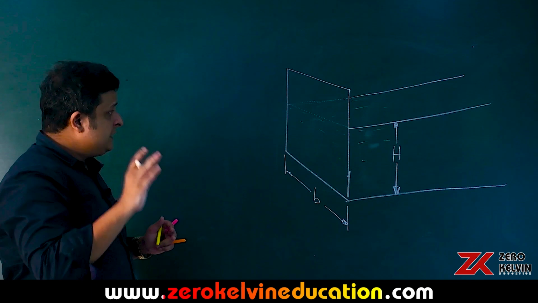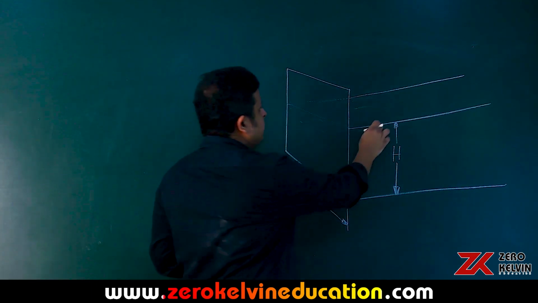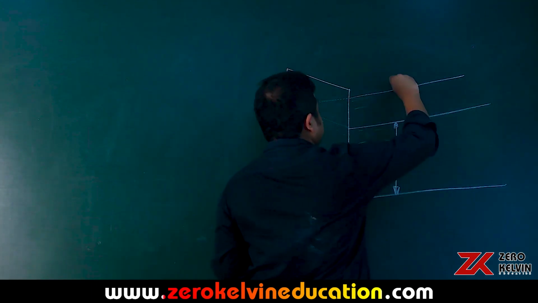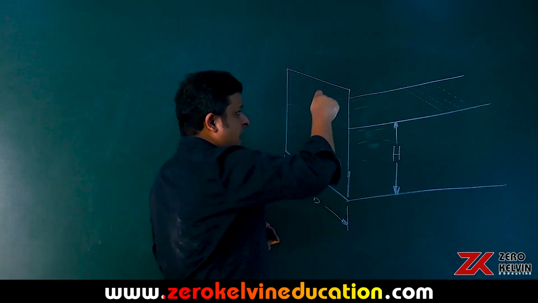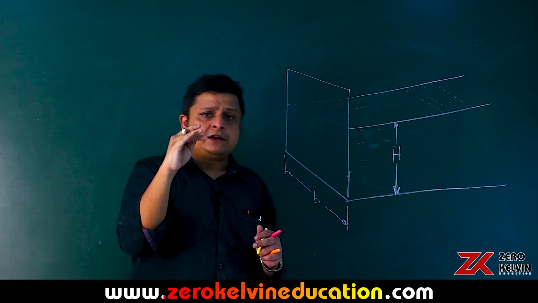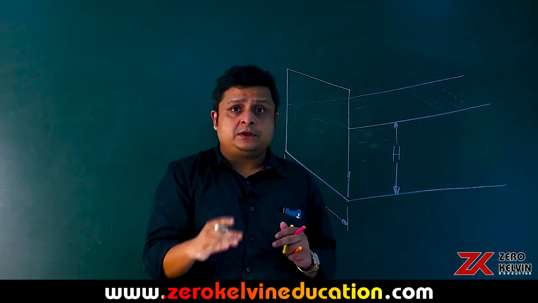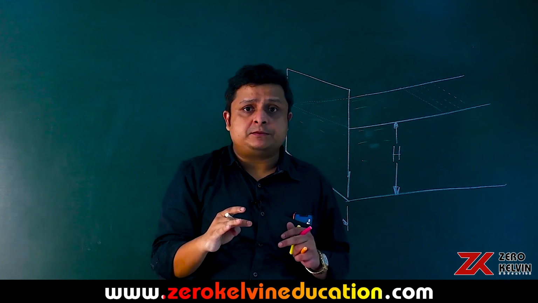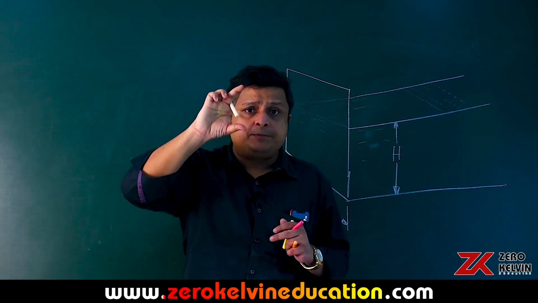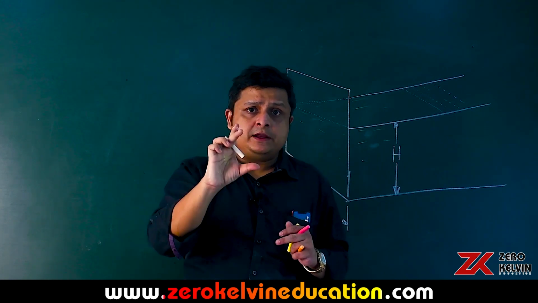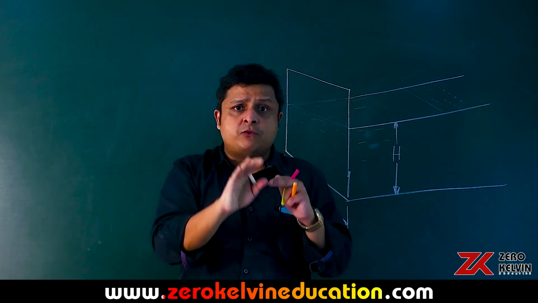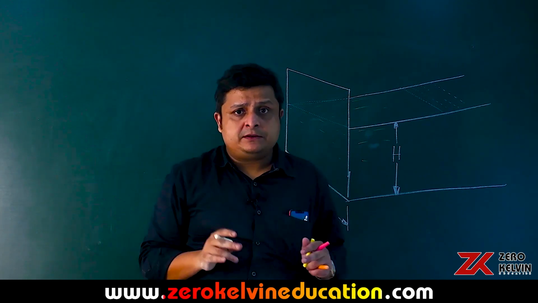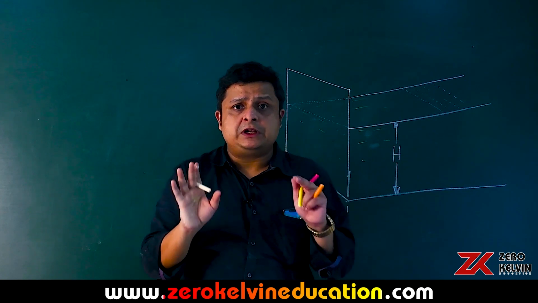pressure. So as we know, this is the free surface of the liquid, and pressure varies with depth taken from the free surface of the liquid. So if the depth is H or Y, then pressure at a depth Y from the free surface is Y rho times G, if rho is density of the liquid.